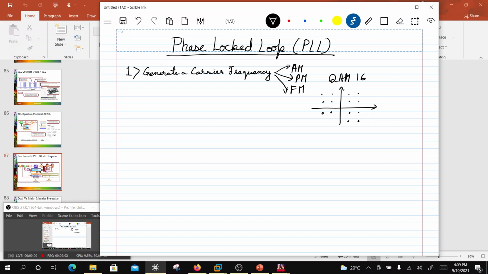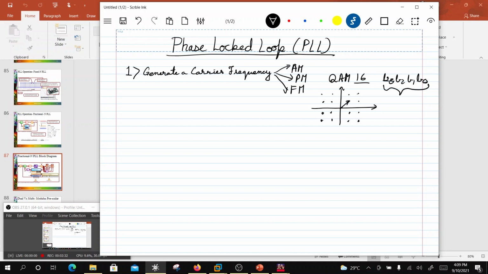And what we are doing is transmitting a particular amplitude and phase. So if this is 16 states, then you can combine 4 bits, B3, B2, B1, B0, to form one symbol, and that is used in QAM 16. So that means there are 16 states which can be coded, right?